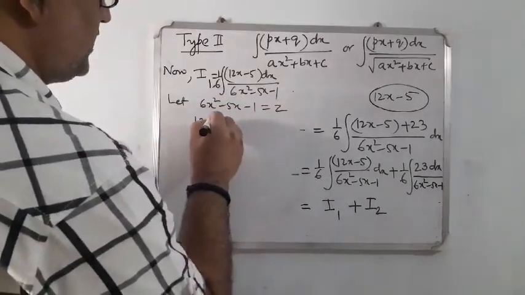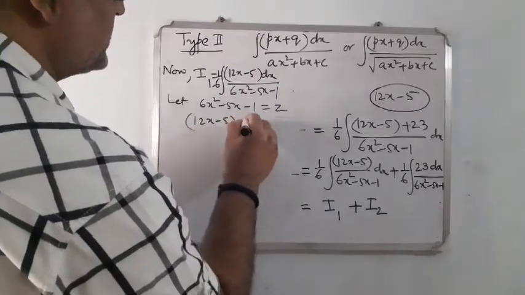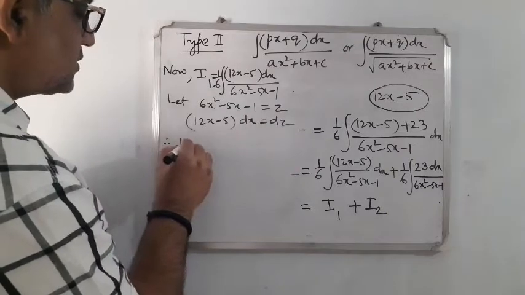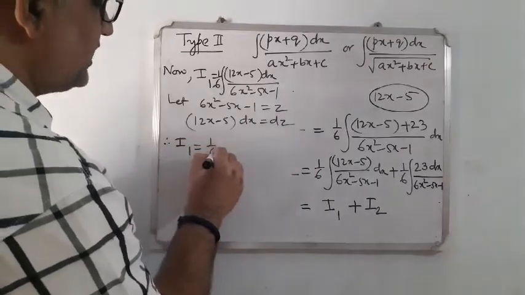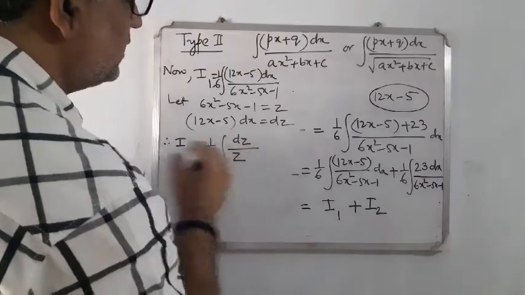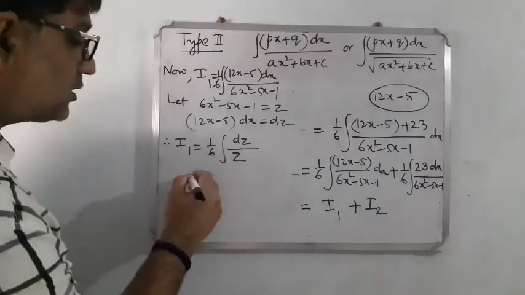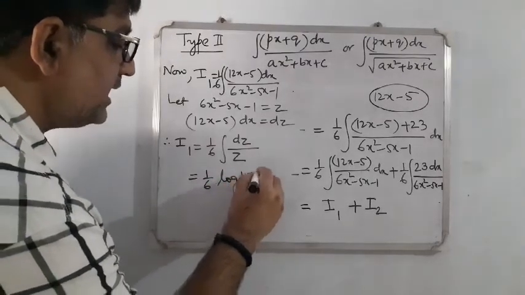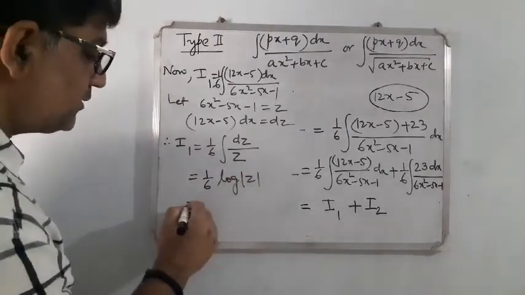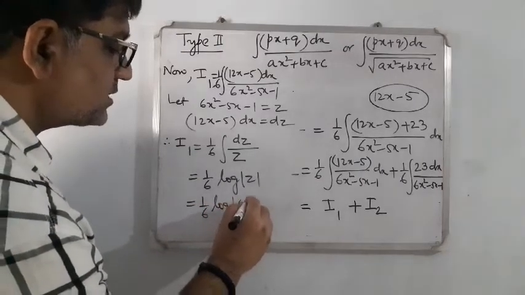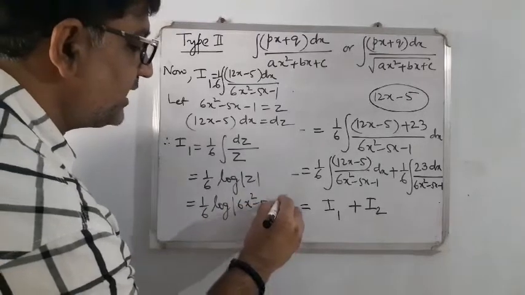So you will get (12x − 5) dx as dz. Therefore I1 is equal to 1 by 6 integral dz by z. And dz by z is log mod z. So 1 by 6 log mod z. And the value of z is 6x² − 5x − 1, so I1 is 1 by 6 log mod (6x² − 5x − 1).